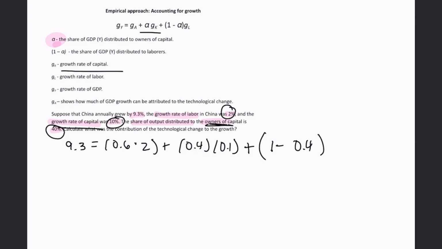And then times GL, which is actually what we're trying to find. Question mark.